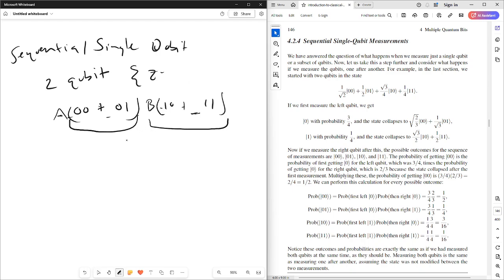And then when we measure our second, let's fill in these amplitudes here like they do, C2 and C3. So it's the norm square of C0 and C1 for the first qubit to collapse to 0.